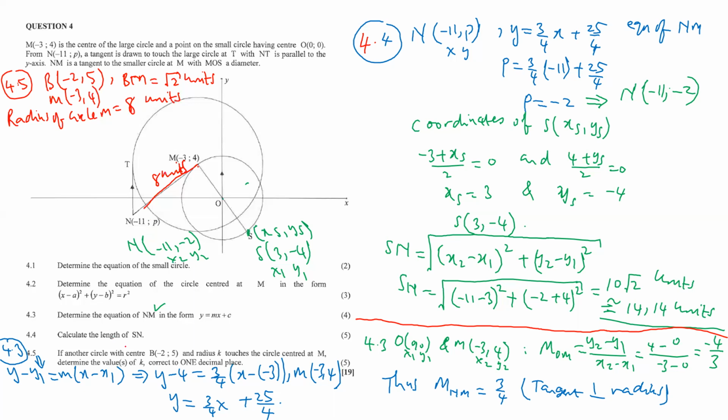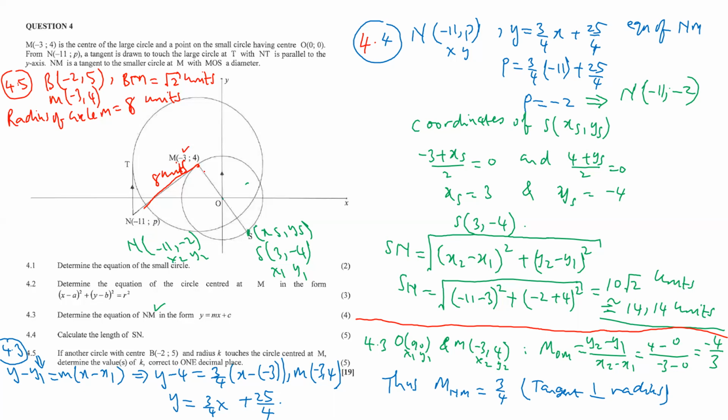And we're saying if another circle with the center point B and radius K touches the circle centered at M, determine the value of K. Right, so we look at the point B. Here at this point, x is -3.